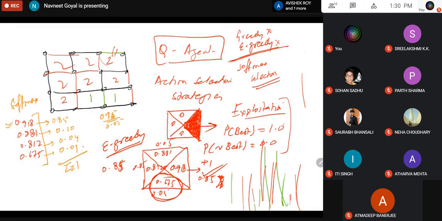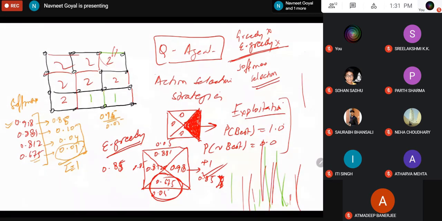So what I have done here is that I have given the rest of the options a probability which is based on their value. A good Q value here, say 0.881, attracts a higher probability. Similarly, 0.675 is the worst one among the three, so it attracts a very low probability of 0.01.